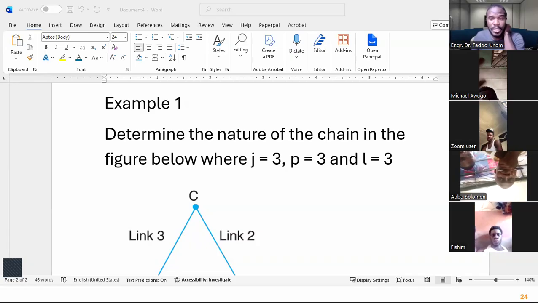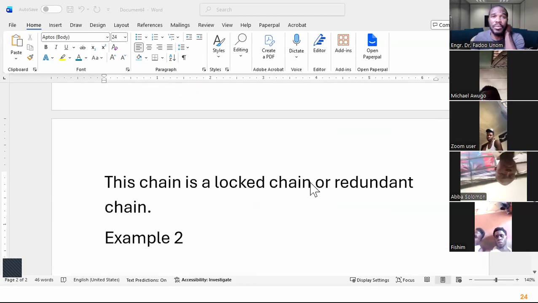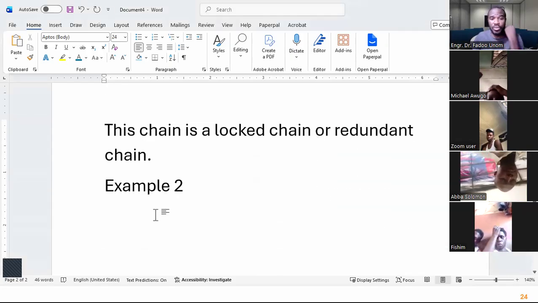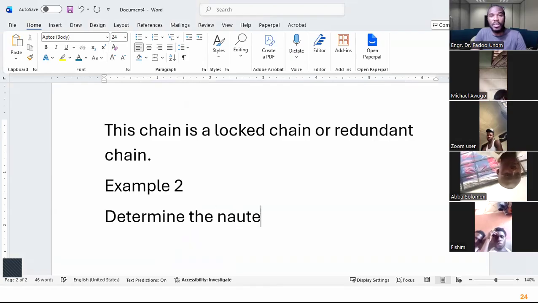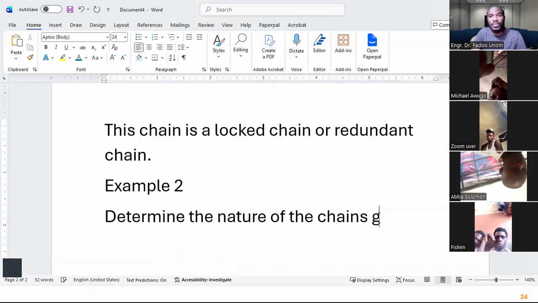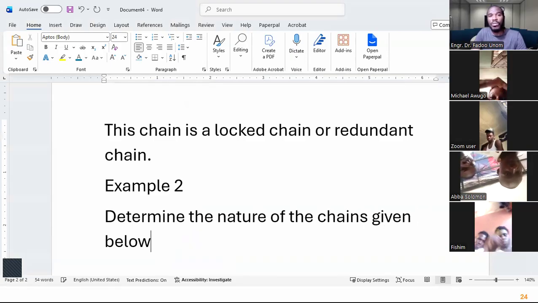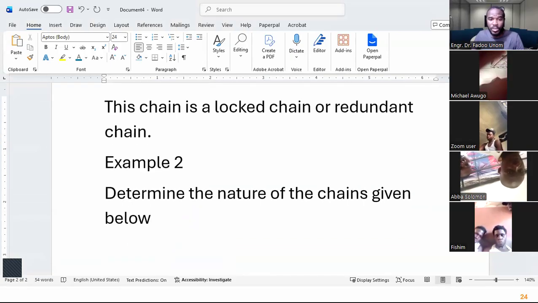So again, we want to take another example. Example 2. We want to determine the nature of the chains given below. I've got 2 chains.